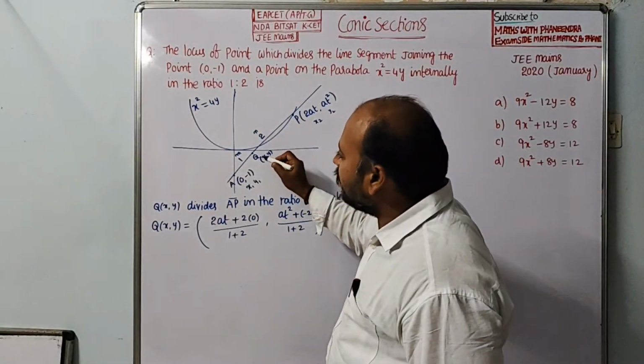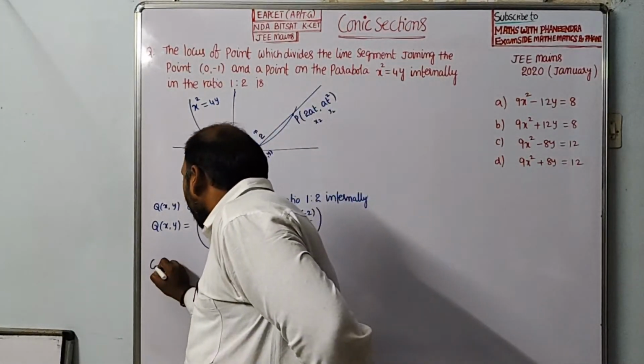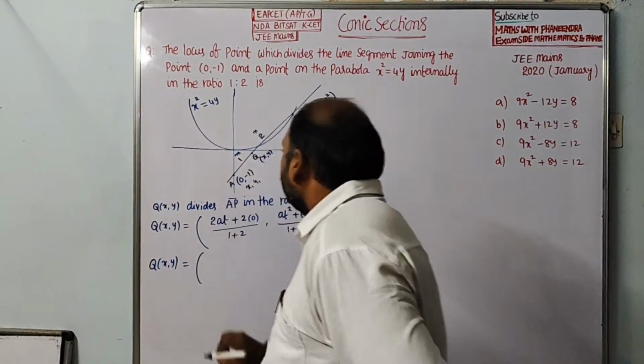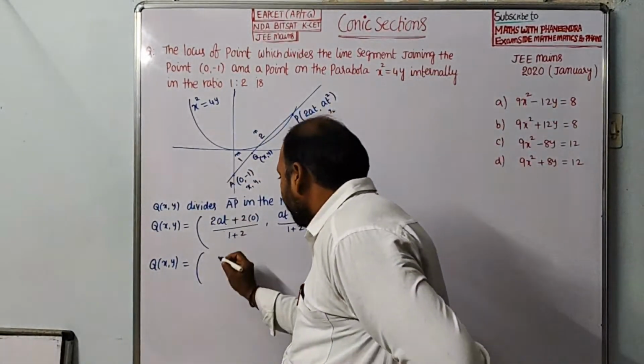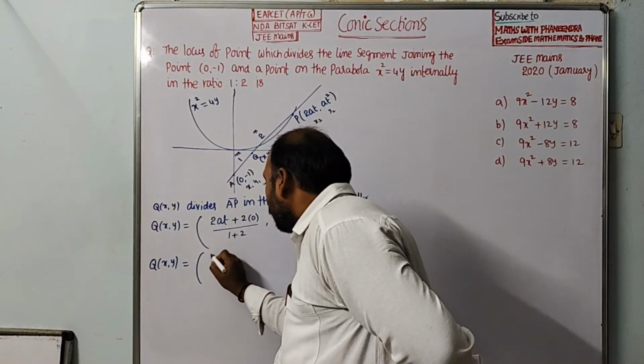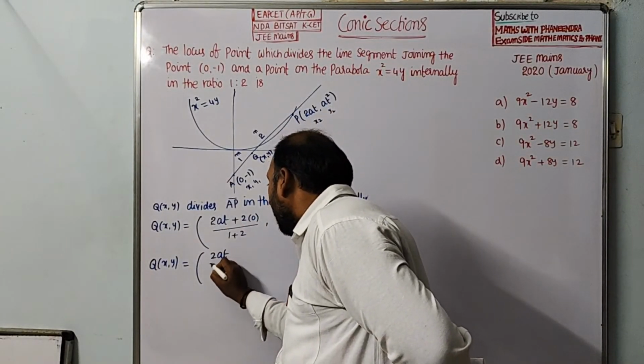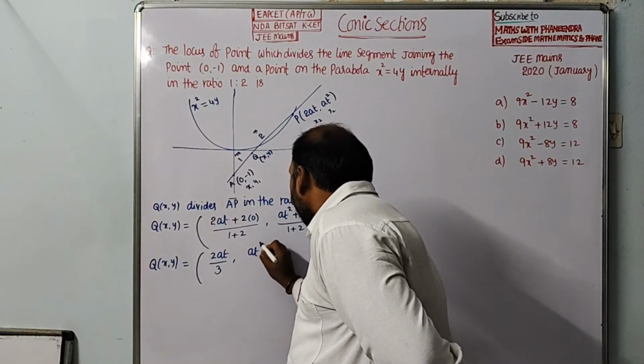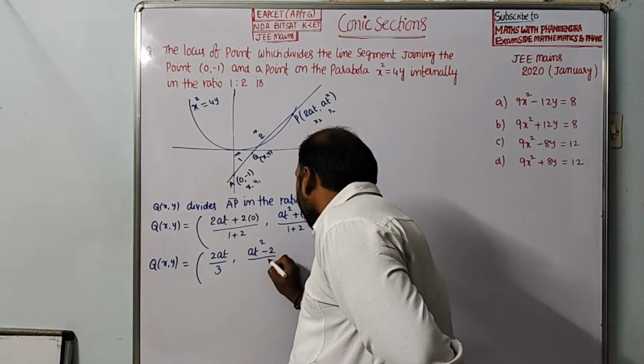This is the locus point we are taking. So Q of (x, y) is equal to (2at divided by 3, (at square minus 2) divided by 3).